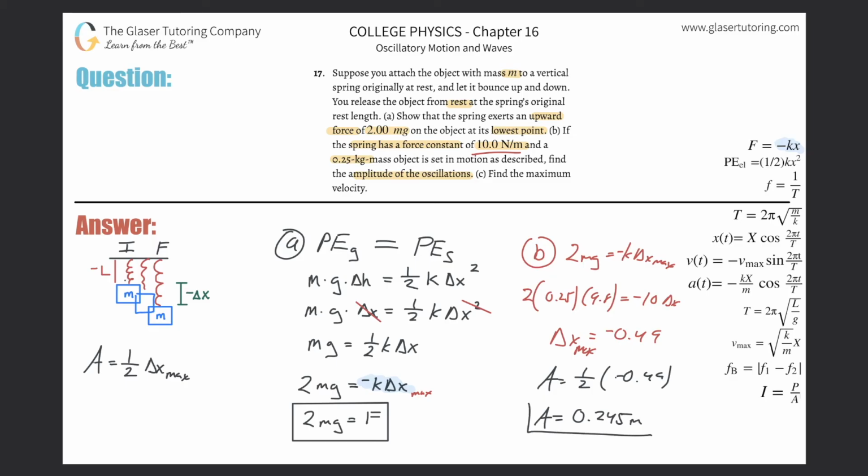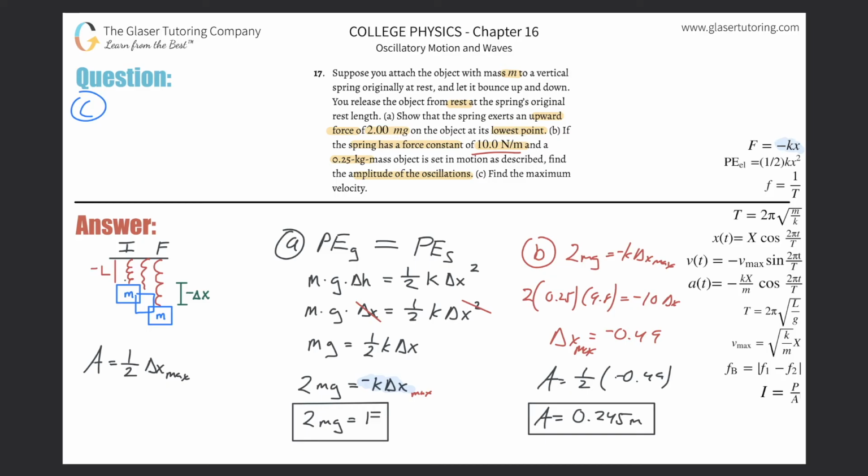So that's the amplitude. Probably 2 sig figs here if I look at it, so 0.25, whatever. It's all close enough. Your professor might care about sig figs, but I'm not grading you, so don't worry about it here.